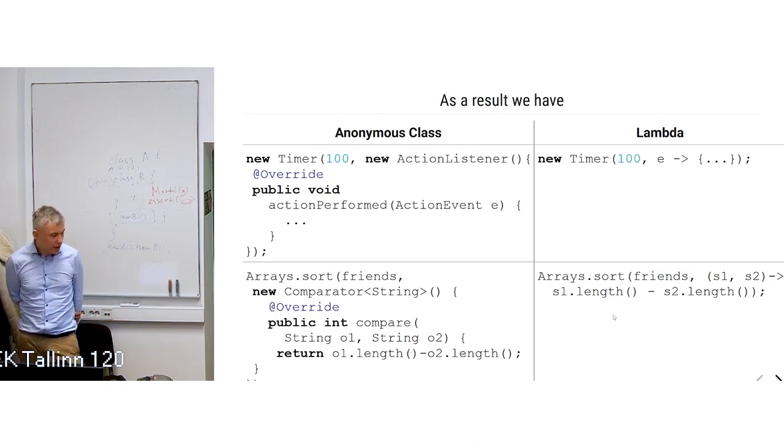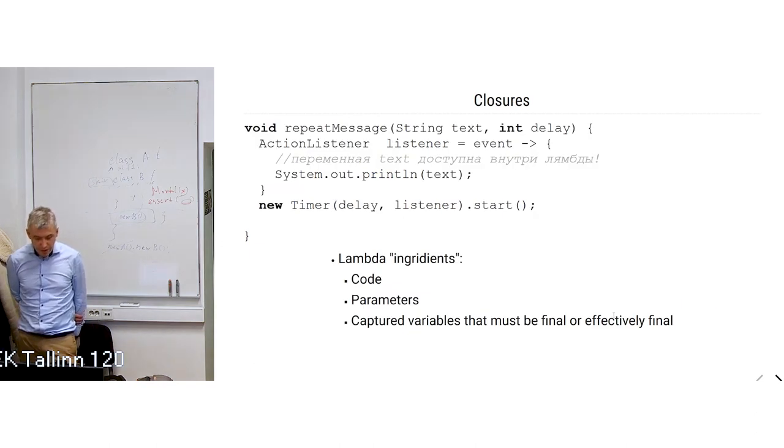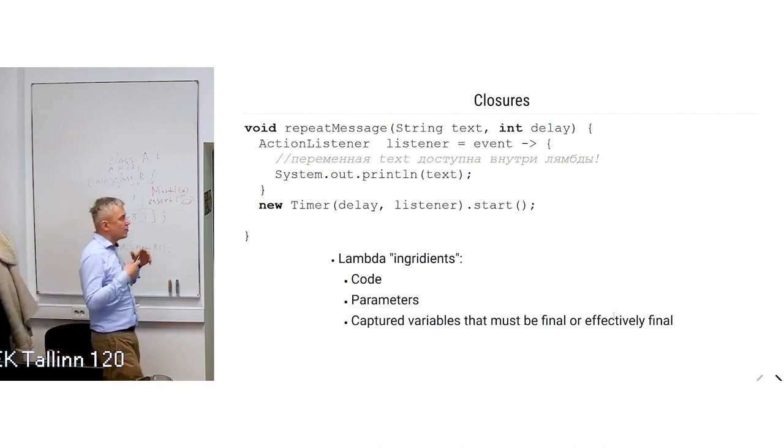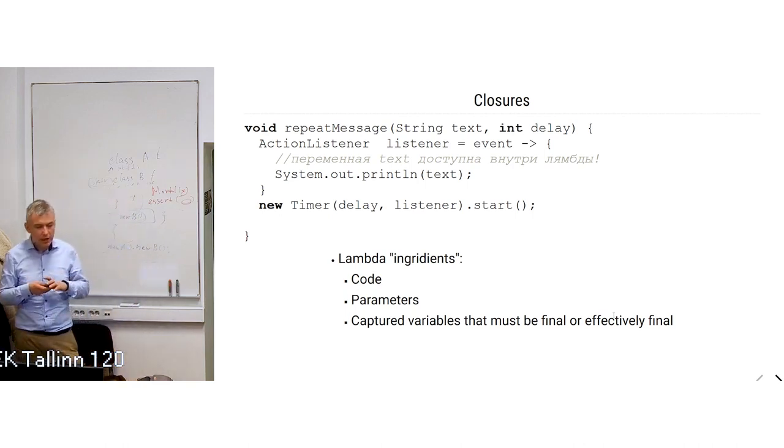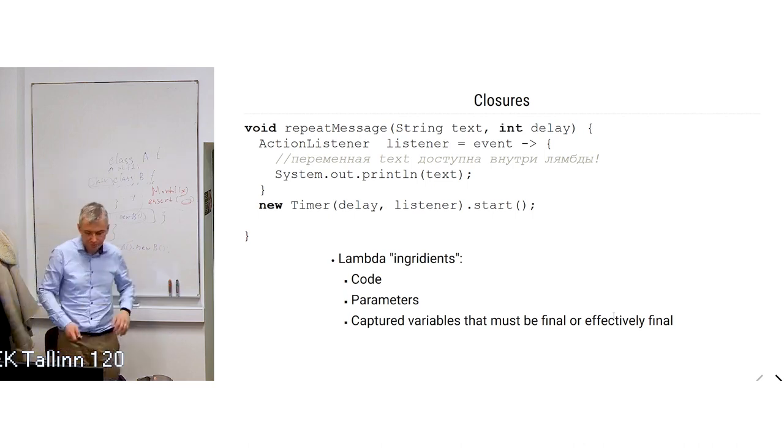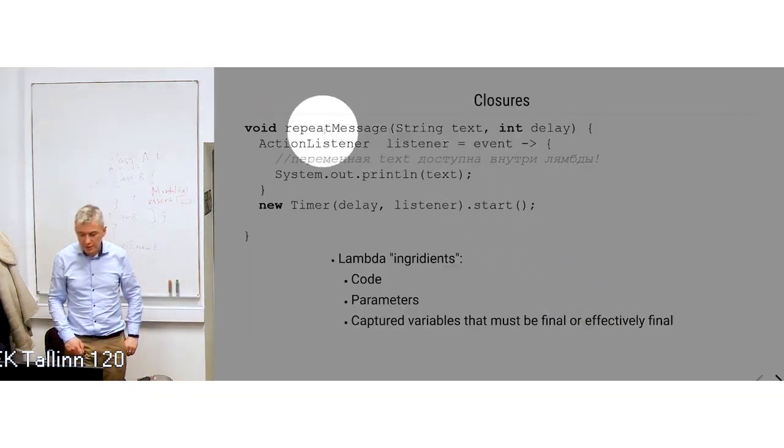And actually this is not everything about lambdas. In a lambda, just like in an inner class, we can have access to some outer variables, some outer scope. So if we have a method like this, accepting a String text, repeatMessage, with some delay, we are going to repeat some text with some delay.